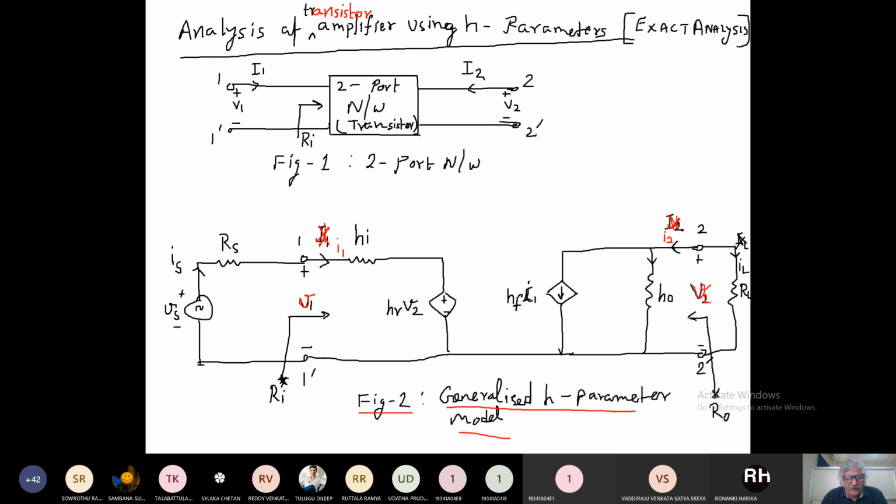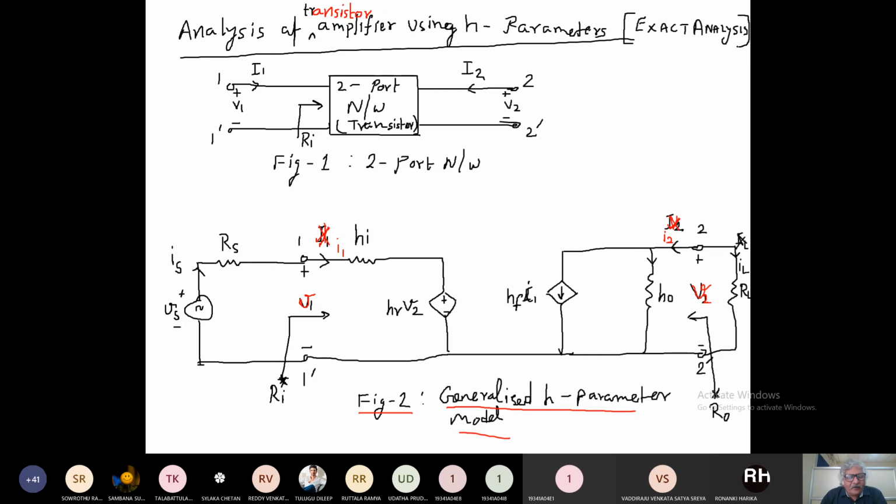HI, HR, HF, HO. All the 4 H parameters we are using for the analysis part. Analysis means the calculation of internal current gain, internal voltage gain, input resistance, output resistance, right? Overall current gain, overall voltage gain. For all these calculations, we are using all the H parameters. So this is called exact analysis.